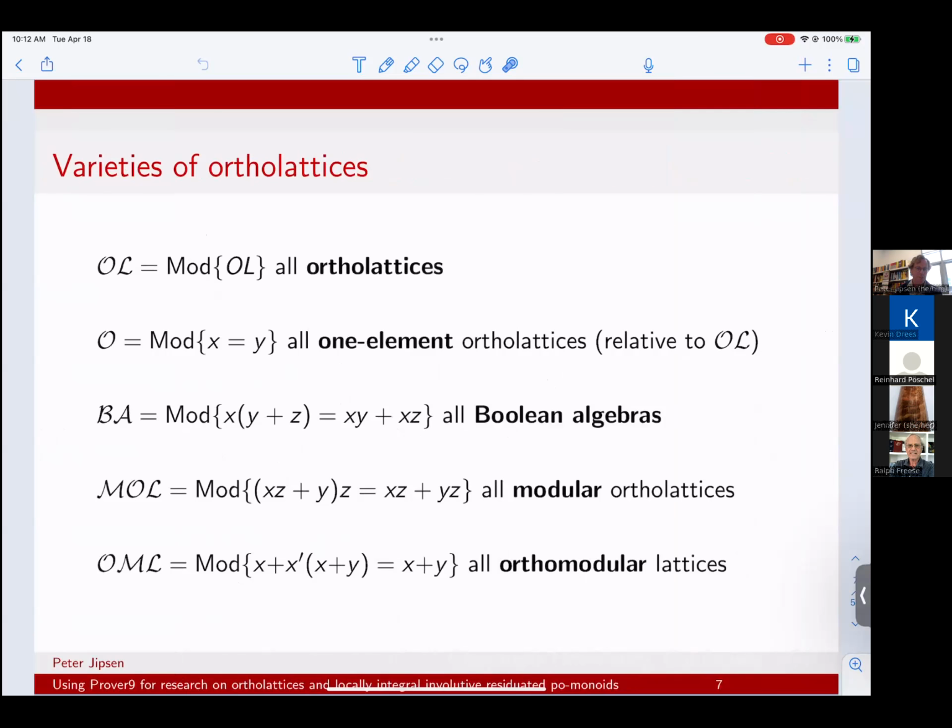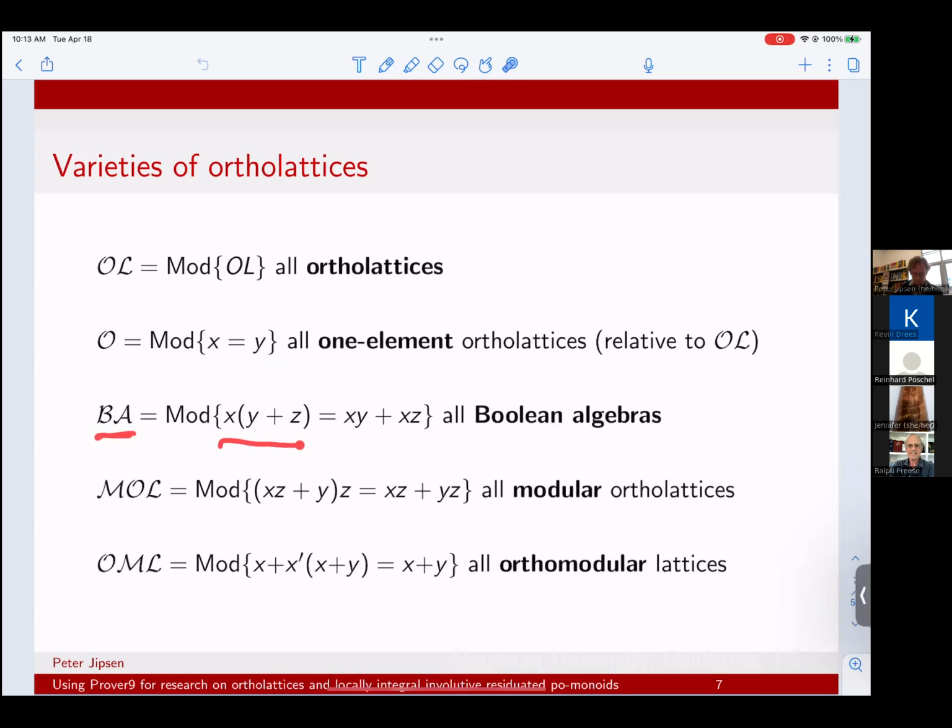So OL will be the models of my theory OL. So this is all the ortholattices. And then O, standing for 1 element, is the bottom of the lattice of varieties of ortholattices, where everything just coincides. And Prover9 and Mace4 don't say much about these because they always exist.